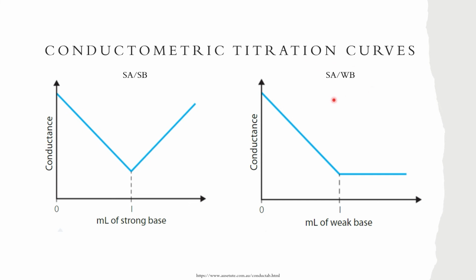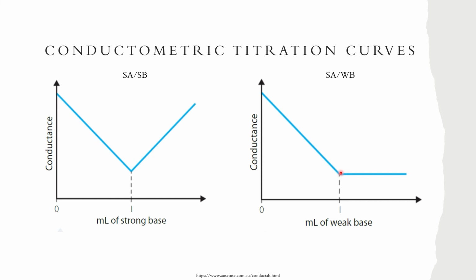When we react a strong acid and a weak base together, we start with a high conductance with our strong acid, and as we neutralize, that conductance will decrease until we hit again a low point where there is the lowest amount of conductivity, meaning that there are very few hydrogen ions at all, just whatever other ions are present.